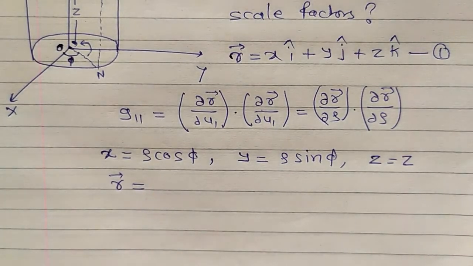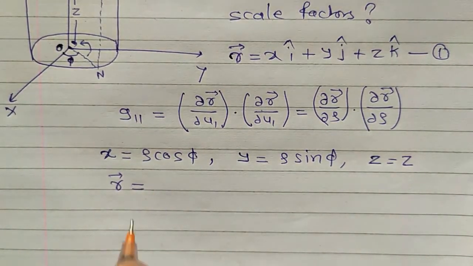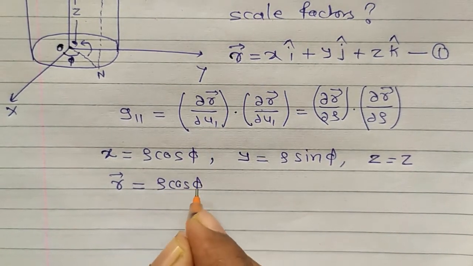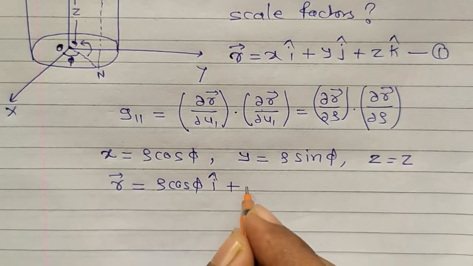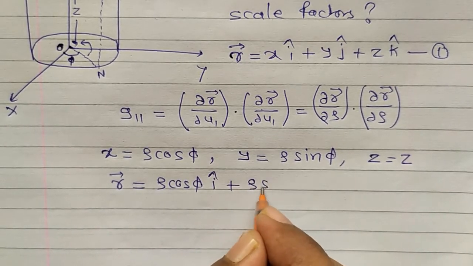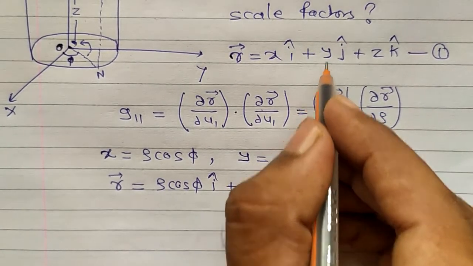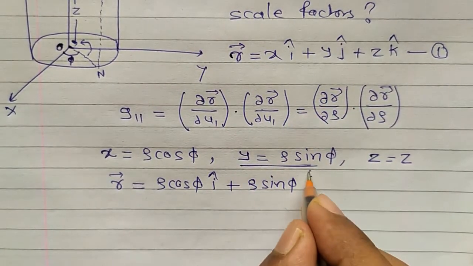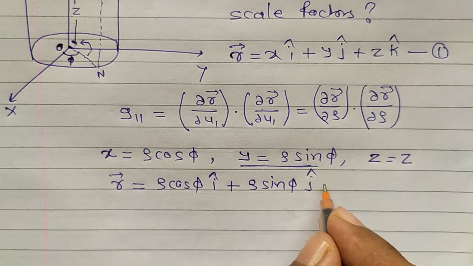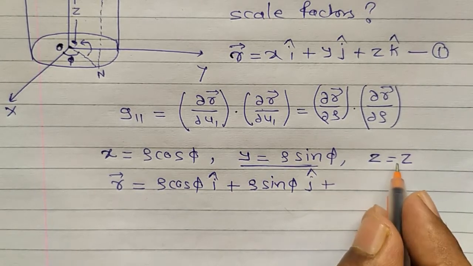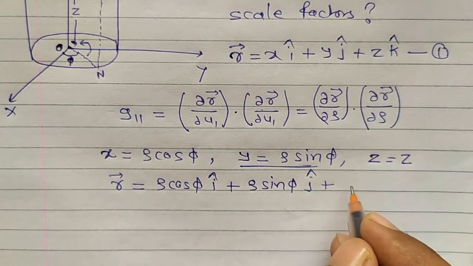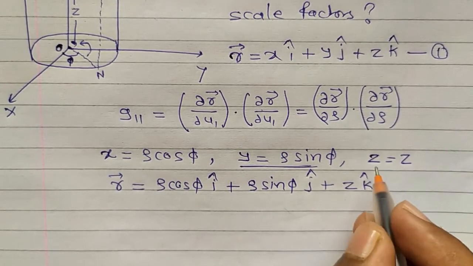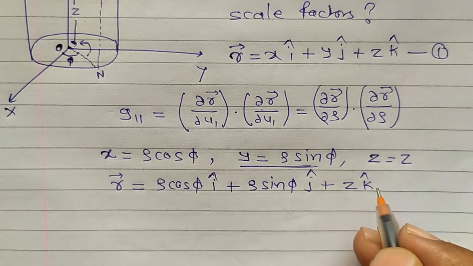So that R bar will be, I have to put the value of x, so rho cos phi i cap plus rho sin phi, the value of y from here, and then there is the unit vector j cap, plus the value of z. z is as it is. You can see the transformation equation does not change the z. So z k cap, but this is happening in the case of the cylindrical coordinate system.